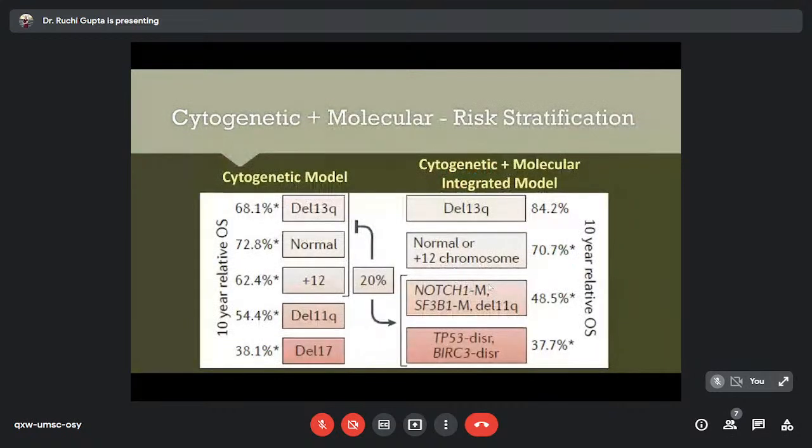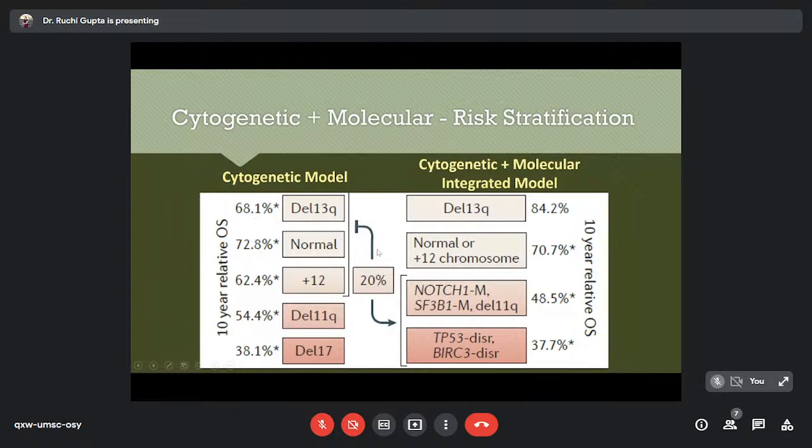So these cytogenetic abnormalities, which I just discussed before, deletion 17p, deletion 13q, trisomy 12, and so on, when clubbed together with the molecular abnormalities, you can develop a risk stratification. If we see over here, presence of deletion 13q alone or a normal FISH study has an overall survival of almost 68.1% or 72%.